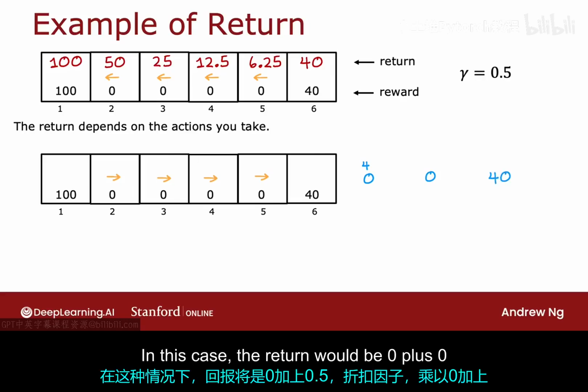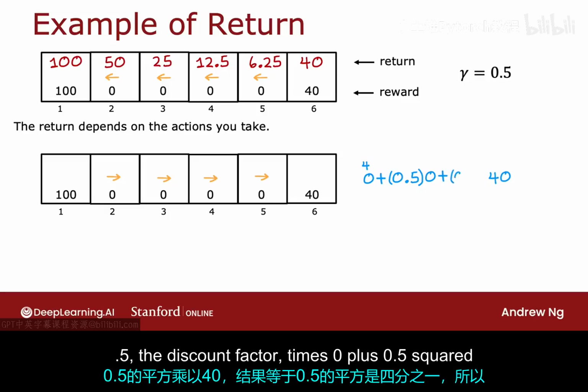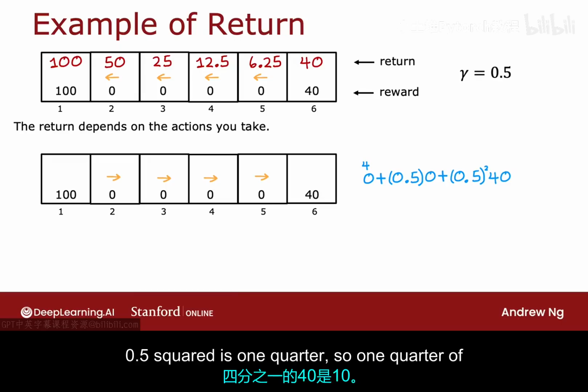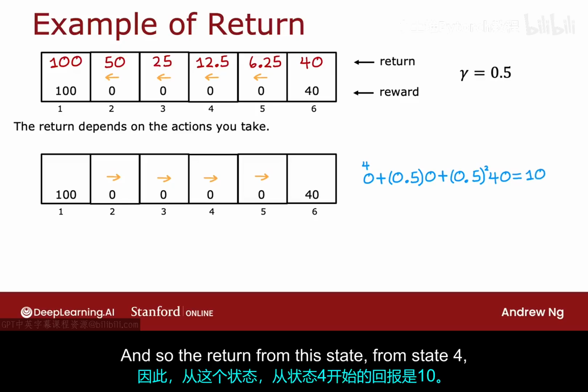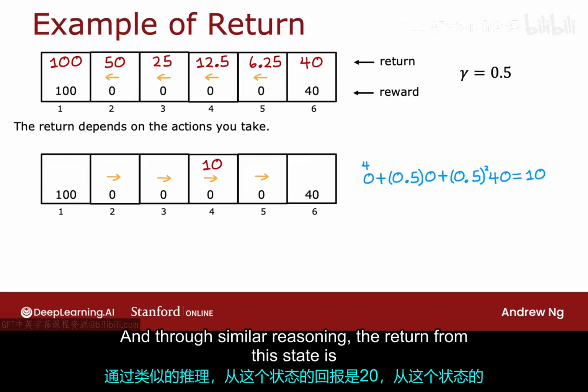In this case, the return would be 0 plus 0.5, the discount factor, times 0 plus 0.5 squared times 40, and that turns out to be equal to, 0.5 squared is 1/4. So 1/4 of 40 is 10. And so the return from state 4 is 10 if you were to take actions to always go to the right. And through similar reasoning, the return from this state is 20.